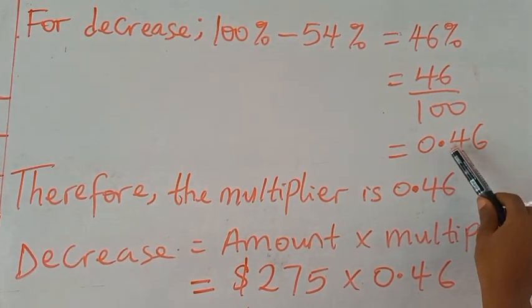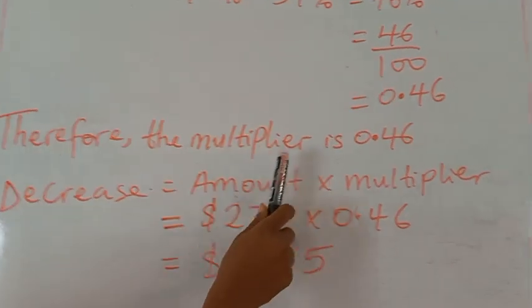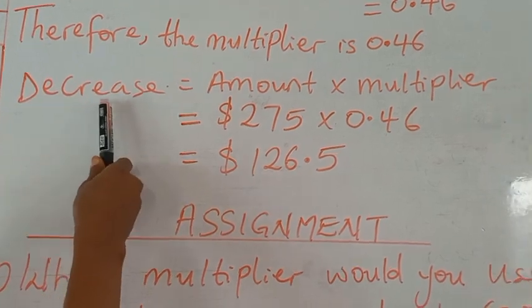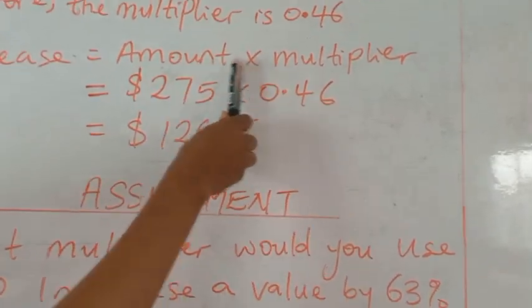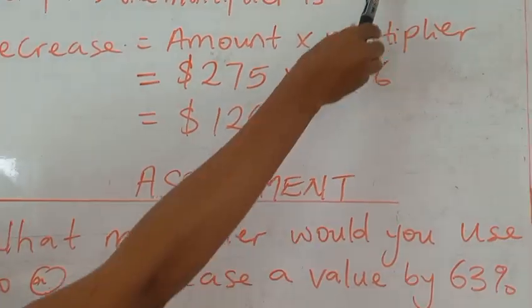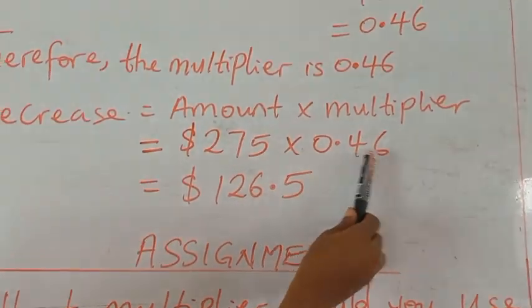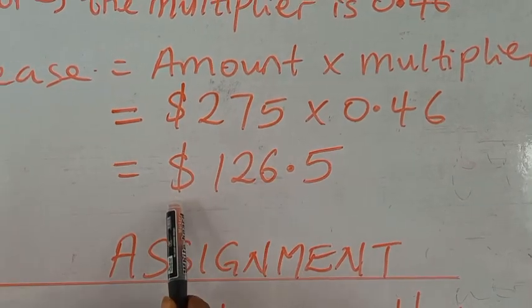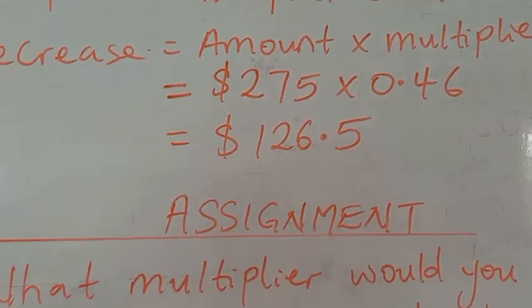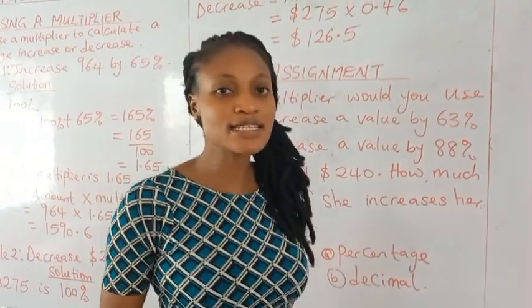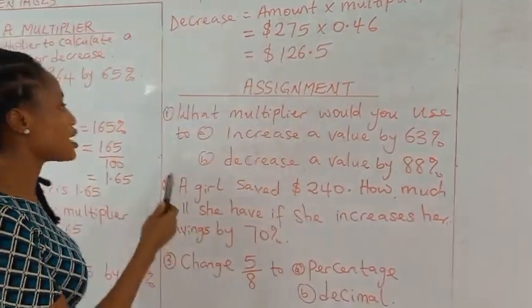That gives 0.46. Therefore, the multiplier is 0.46. Just like the increase, the decrease uses the same formula, amount times multiplier. $275 times the multiplier you just got, 0.46, and that gives $126.5.